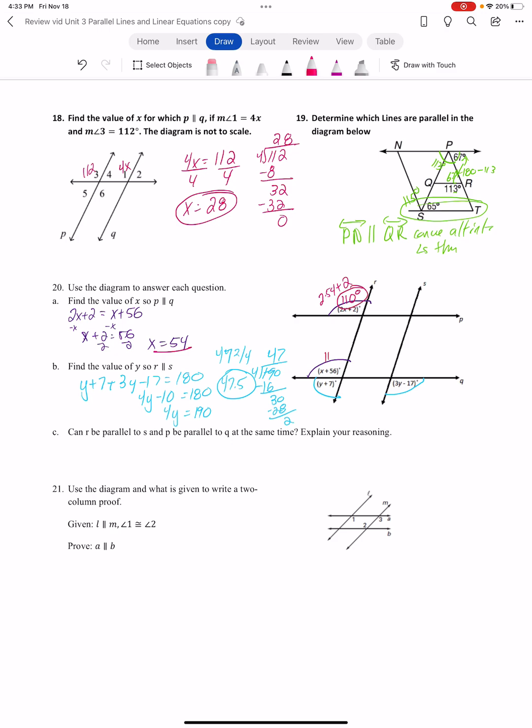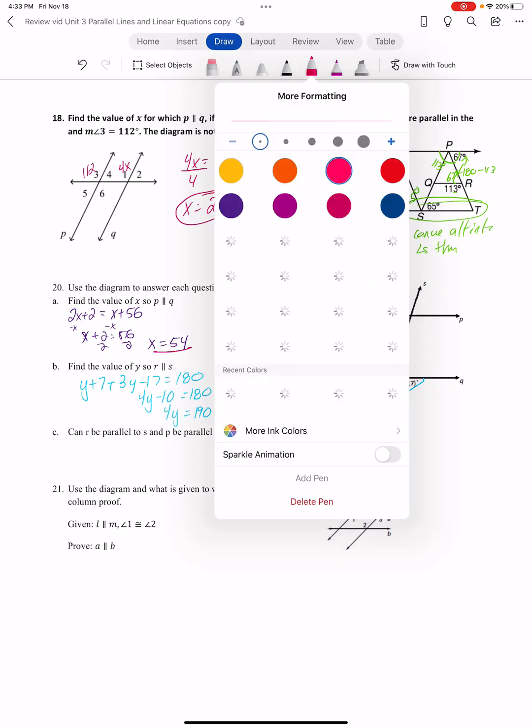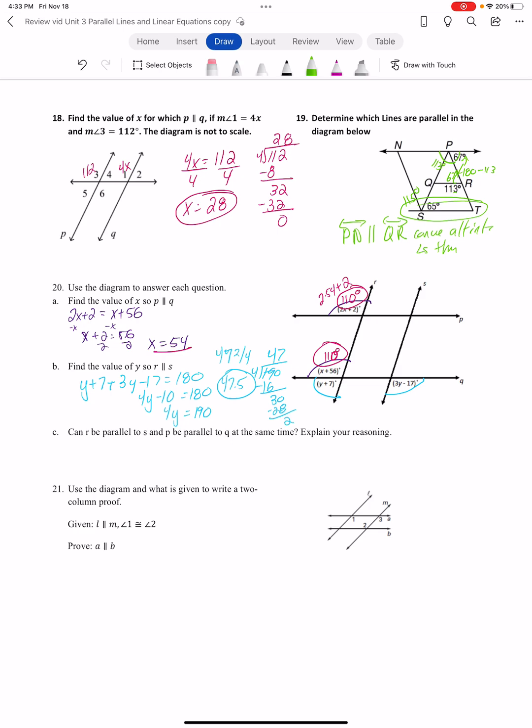And the same thing here. This one would be 110 degrees if those were parallel. Now, if I put 47.5 in for the other one, so that's going to be 3 times 47.5 minus 17. So that's 142.5 minus 17.